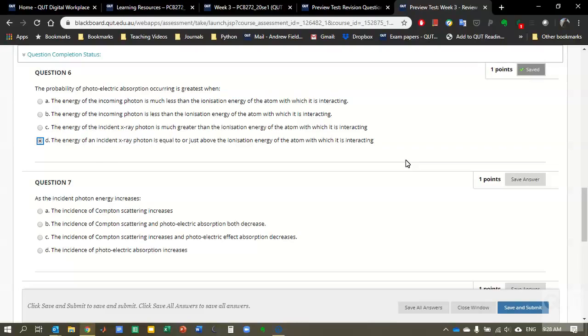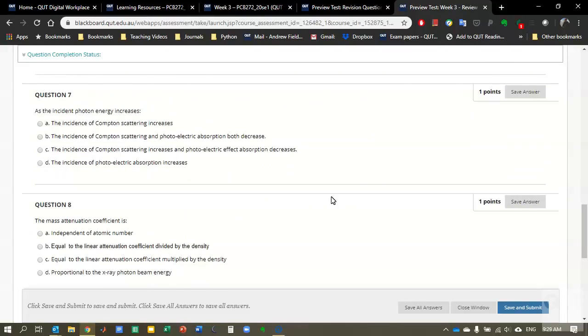The X-ray is going to interact with the electron in the atom, and therefore that electron needs to have a binding energy, or ionization energy as I've called it in the question, that's close to the energy of the incident X-ray. Any excess X-ray energy is going to be given to the photoelectron as kinetic energy as it moves away.